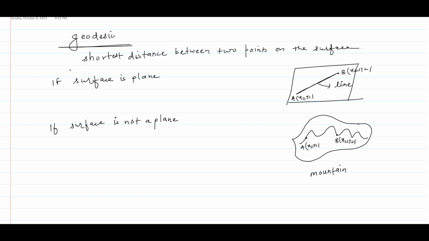Then the shortest length between the points A and B will not be a straight line. I know, you know also, but the shortest length will be like this one. This will be our shortest length. Such type of length, we can say that is arc length.